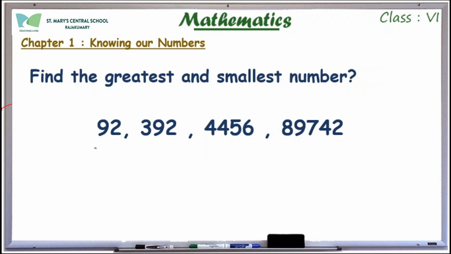And here for 92 we have 2 digits. And in 392 we have 3 digits. Here 4456 we have 4 digits. Here we have 1, 2, 3, 4, 5. 5 digits. So which will be the greatest number here? Here we have 5 digits here.